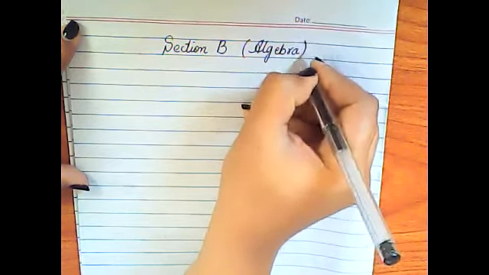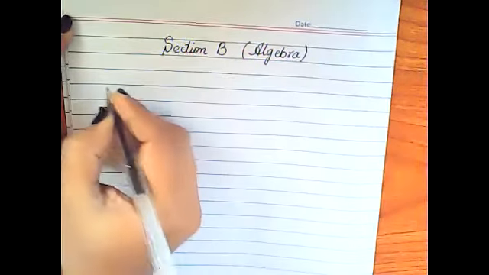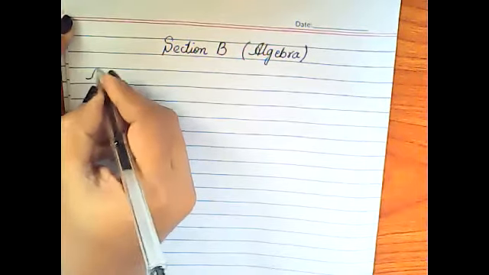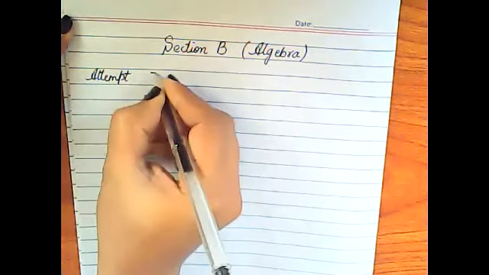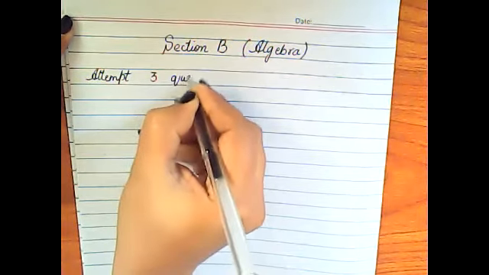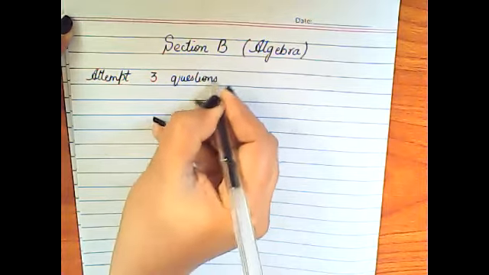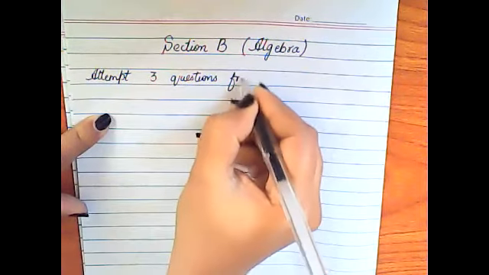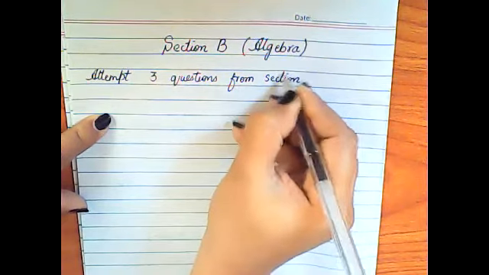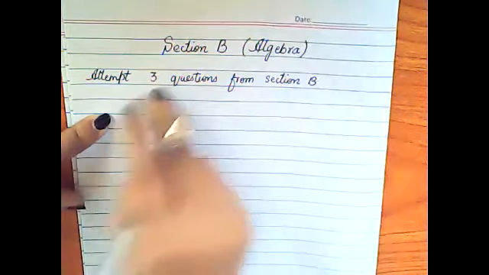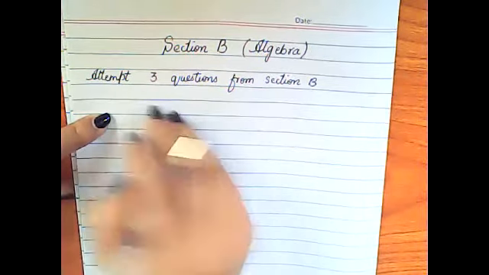Again, you have a note in your paper, maybe you have to attempt three questions from section B. Again, I am repeating, it may be different. You may have to attempt some more questions or some fewer questions.